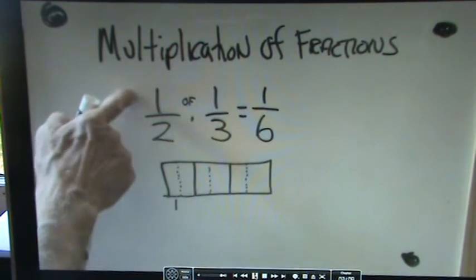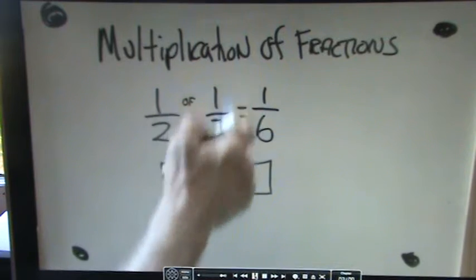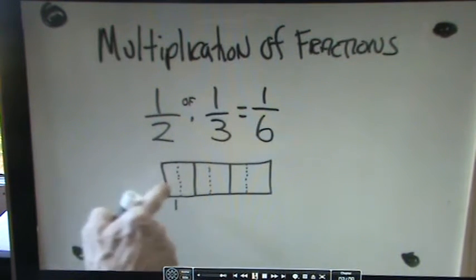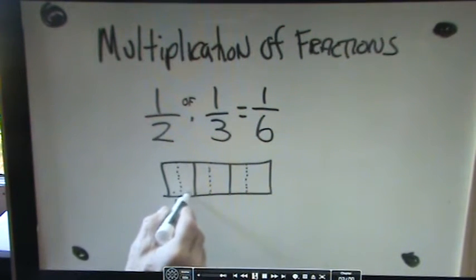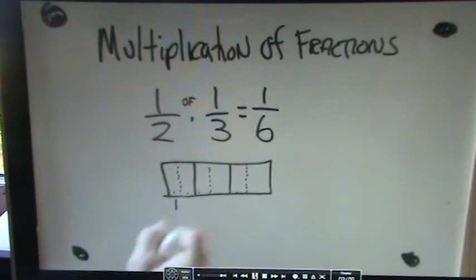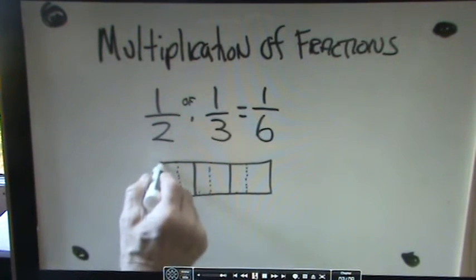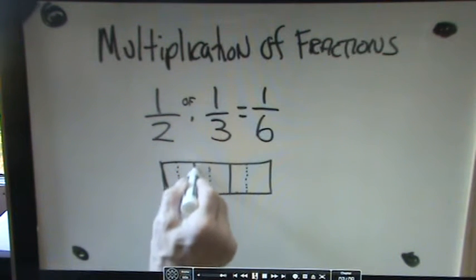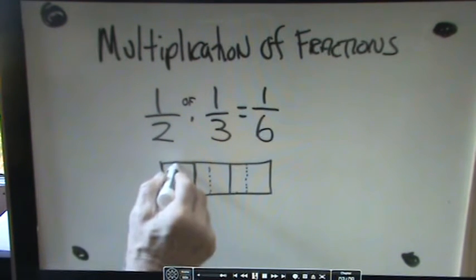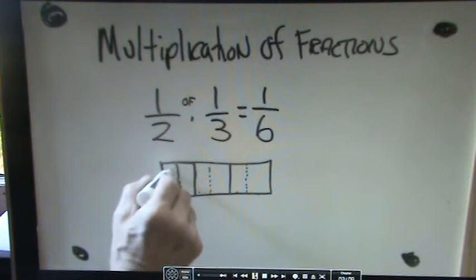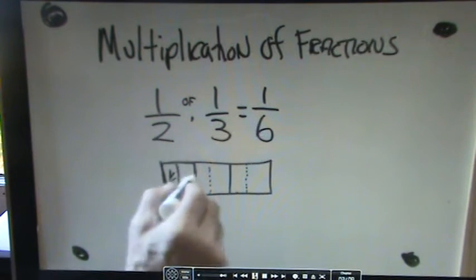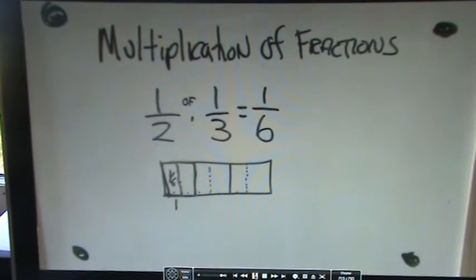So the problem is saying 1/2 of 1/3 is 1/6. Well, this is 1/6 because this is 1, 2, 3, 4, 5, 6. So 1/2 of 1/3, and this would be 1/3 of the rectangle. 1/2 of that is 1/6. And that's what multiplication of fractions is about.